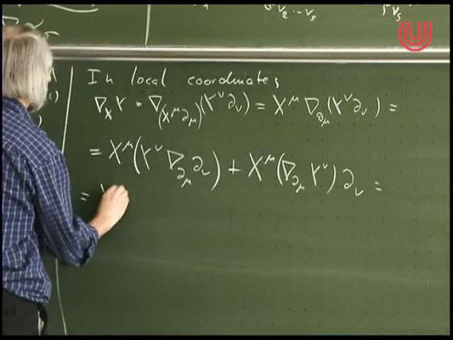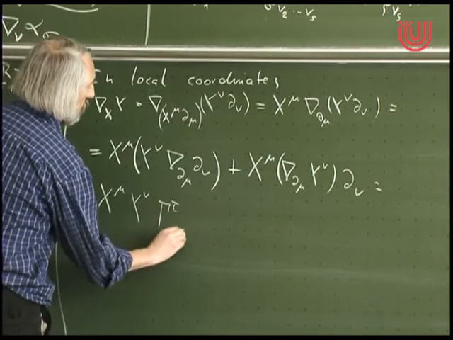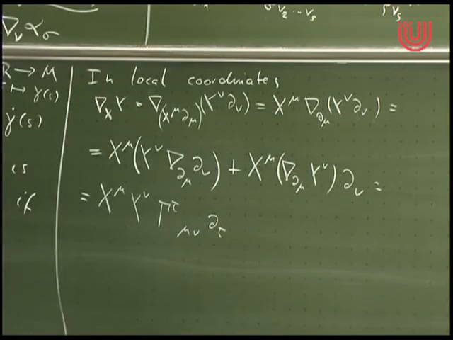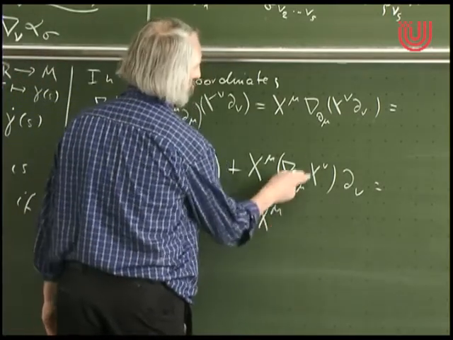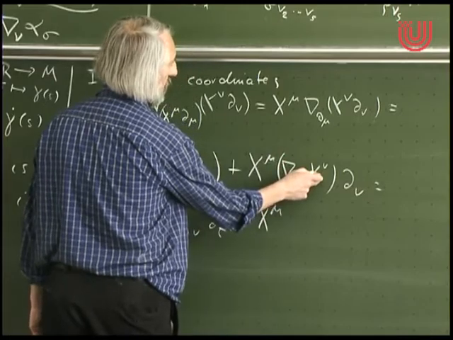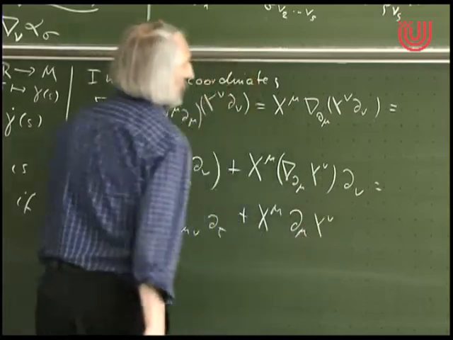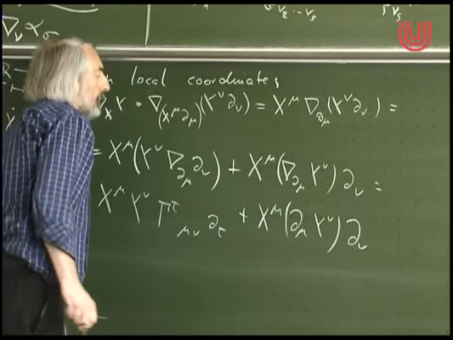So I have here x^μ, y^ν, Christoffel Γ^τ_μν, d_τ. And here I have x^μ. This operator acts on a scalar function, so it's just the ordinary derivative, ∂_μ.